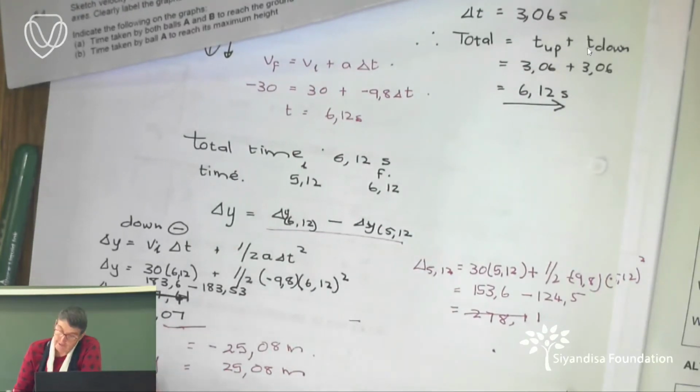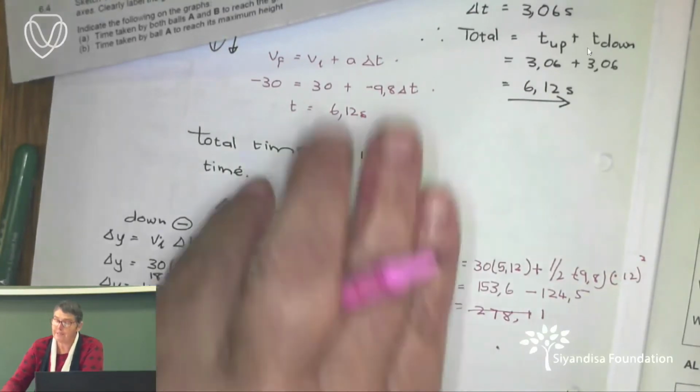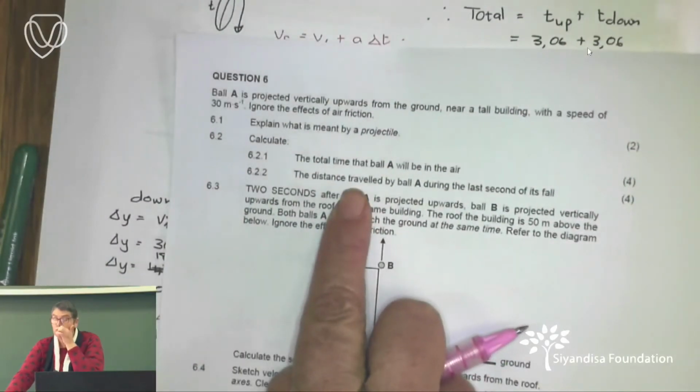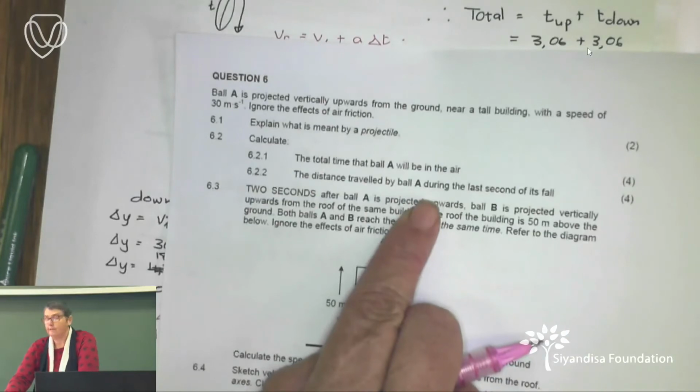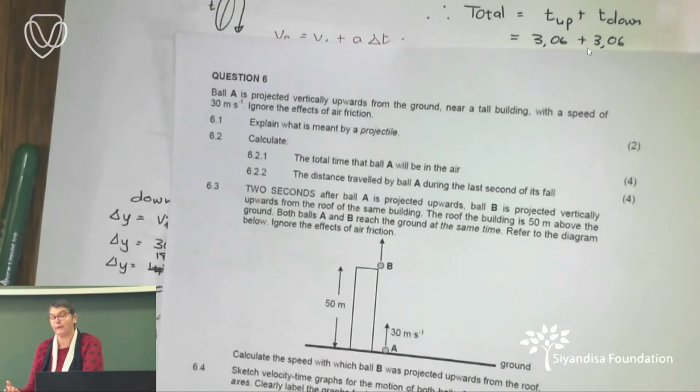What I'm trying to show you here is that my answer would have been delta y is equal to negative. You can't leave it like that. Then you are going to forfeit a mark. You must interpret it. And please be very careful when you interpret it, especially if they ask for speed or velocity. If they ask for speed, then your interpretation is straightforward. But if they ask for velocity, you must bring direction into that as well.